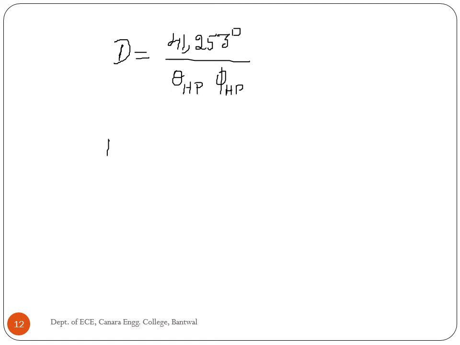So directivity can therefore be approximated as 40,000 square degrees divided by theta hp in degrees and phi hp in degrees.